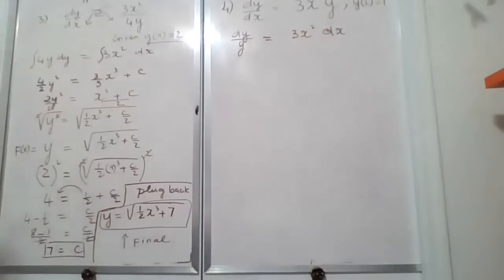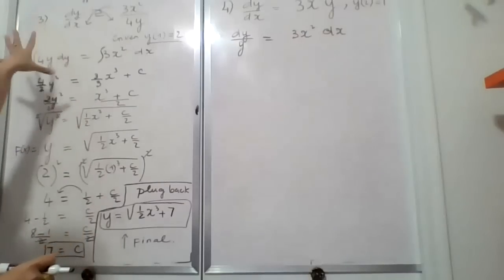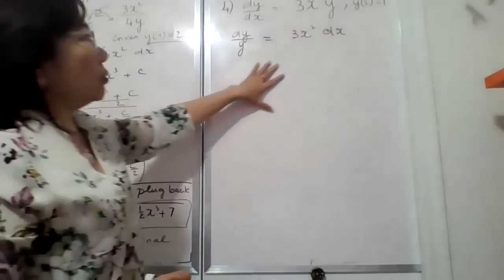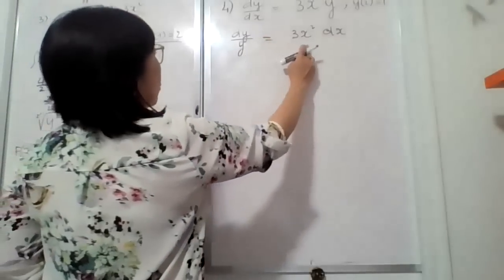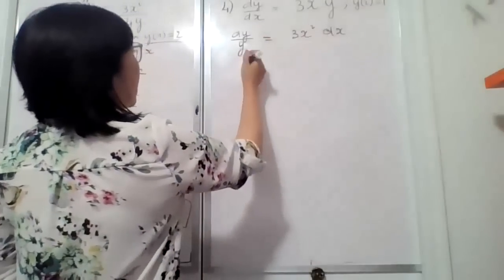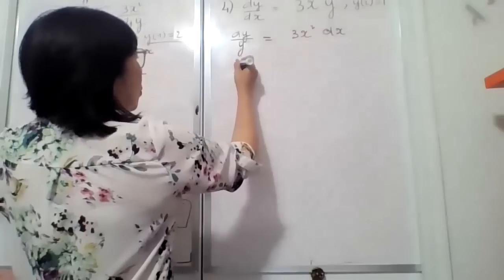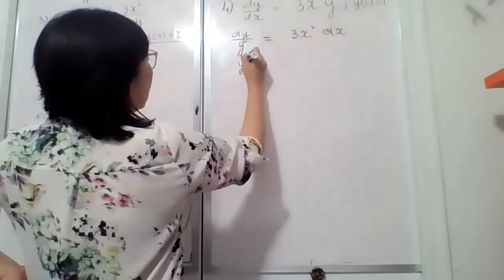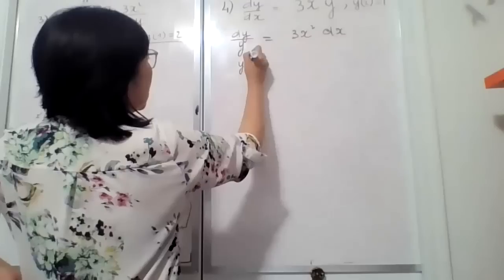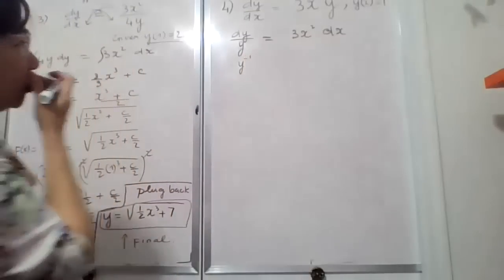That's always the case, right? Because I explained a little bit on the first and second questions, now I'm going a little bit faster, okay? So dy divided by y equal 3x squared times dx. So at this point, I will bring this up, and when I bring this up, this is y to the minus 1, right?